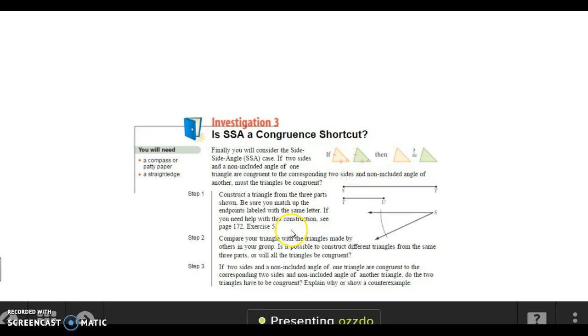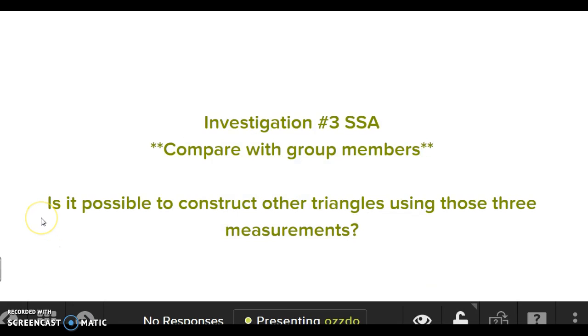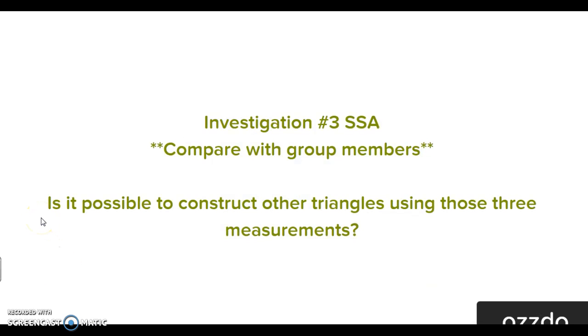Please take a minute, complete investigation number 3, and compare with your group members. Did you all construct the exact same triangle, or did you have different triangles? Pause the video, complete investigation number 3.